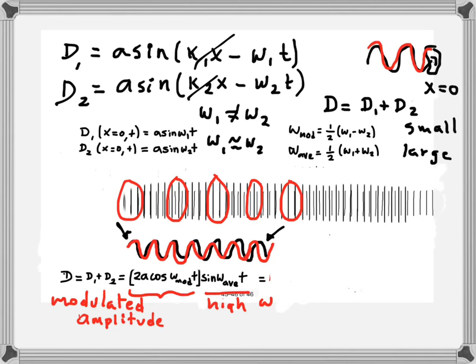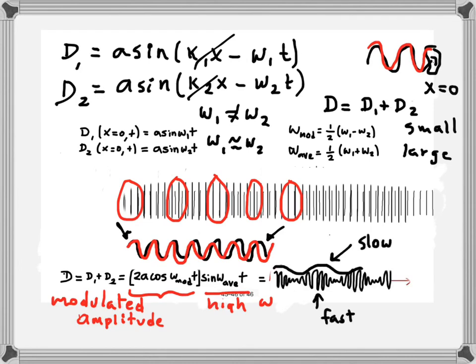So this term there in the brackets is the amplitude. You can think of it as the amplitude of the sine of omega average times time, but it's an amplitude that is changing slowly with time. So what you end up having here is, let me just show it without that line on top. What we end up having is a sine wave whose amplitude is periodically modulated.